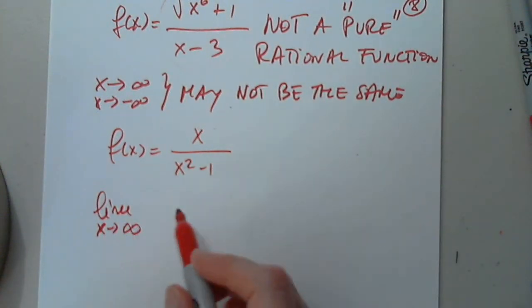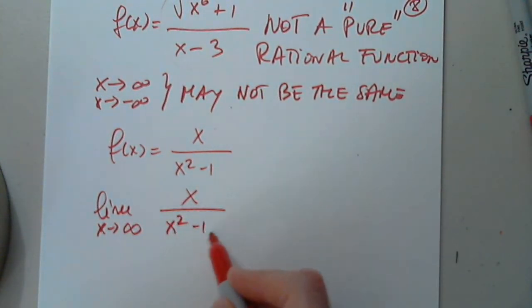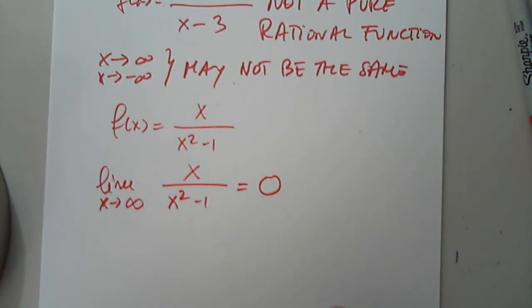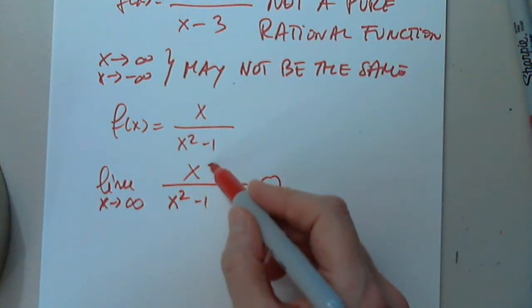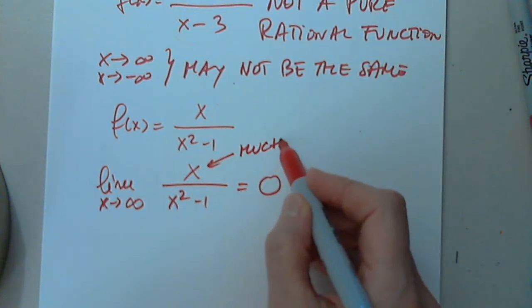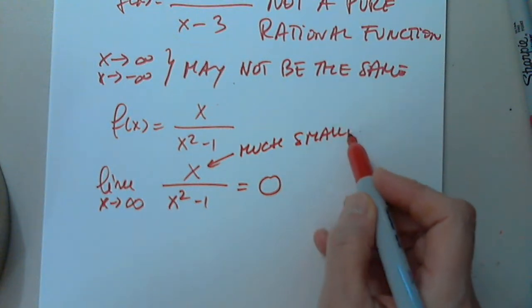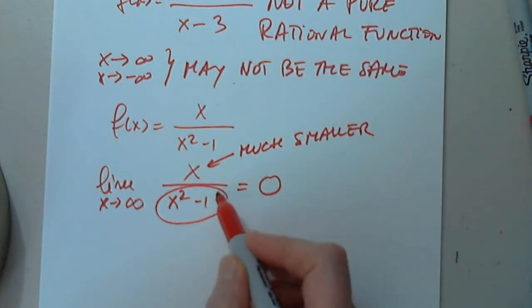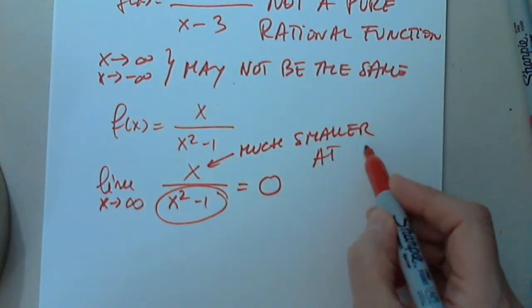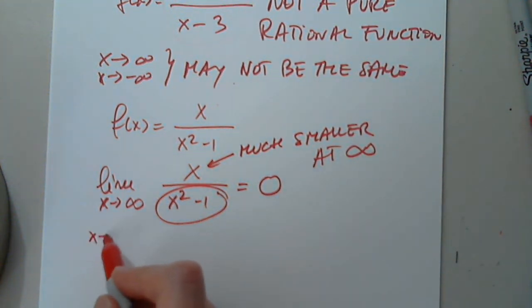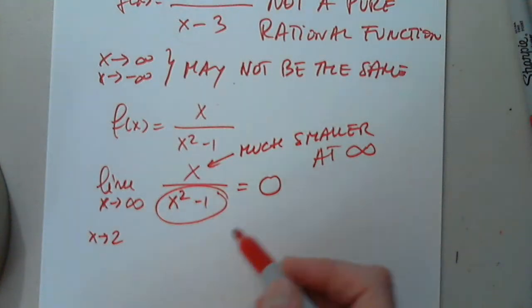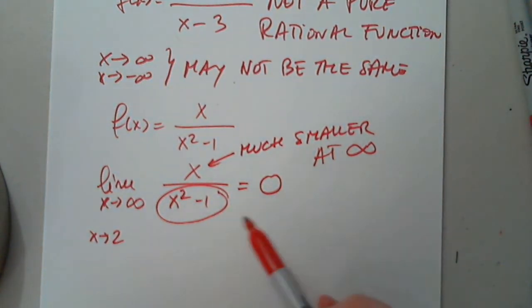So, okay, this, I'm okay if you write 0 already, because what happens is this is much smaller than this at infinity. If x approaches 2, everything counts. You can't say it's 0, right?